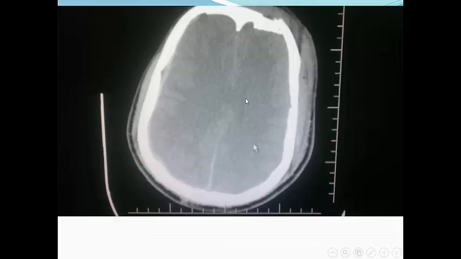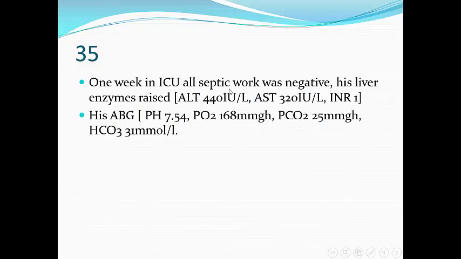This is a very bad CT: brain edema, epidural hematoma, subdural hematoma, really bad head trauma. After 1 week in ICU, all septic work was negative although the patient was febrile. His liver enzymes rose, ALT 440, AST 320, INR 1, which is normal.